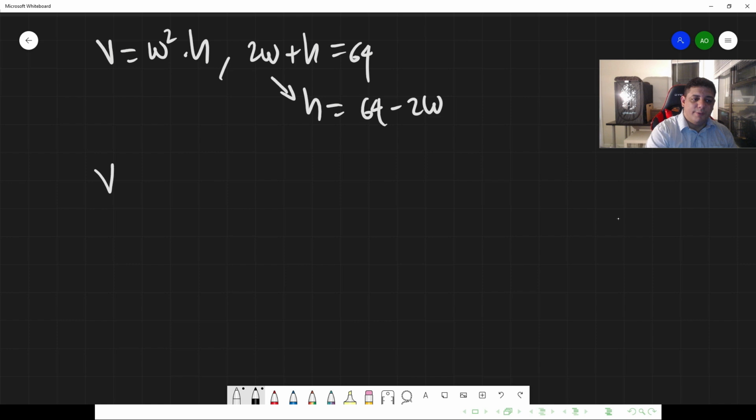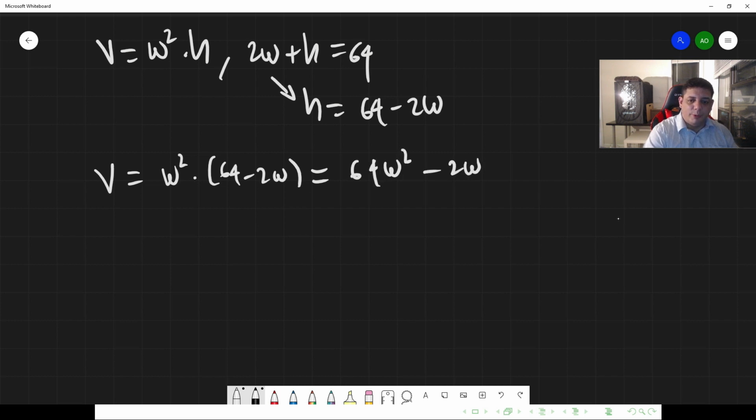And now I'm going to find volume, which is W squared, and we're going to change H by 64 minus 2W. So that's going to give me 64W squared minus 2W cubed. And that's a function now that is just in terms of W. As you can see, we changed from having a function that has two variables to just a function that has one.